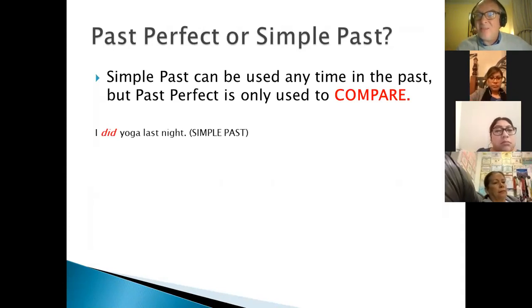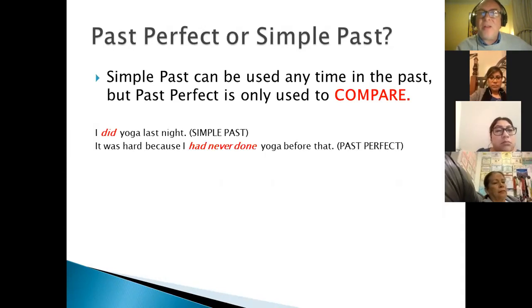Simple past, right? But it was hard because I had never done yoga before that. Aha! Past perfect. Why? Because now we have two actions. We have last night and we have before last night. Past perfect.